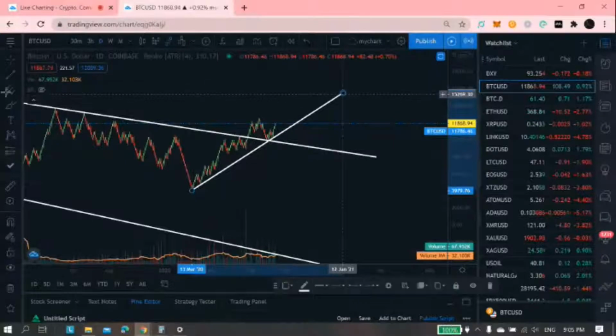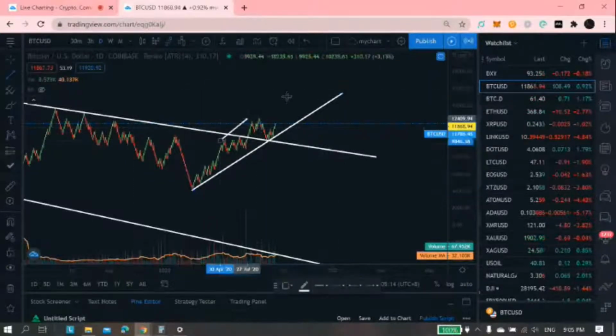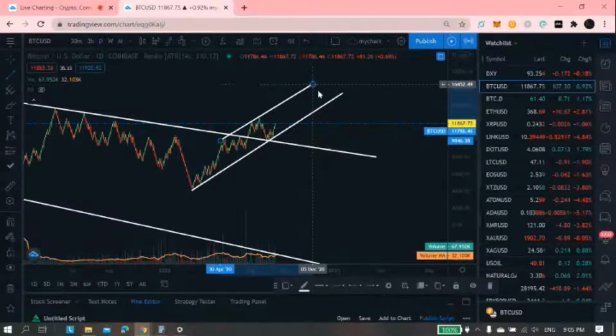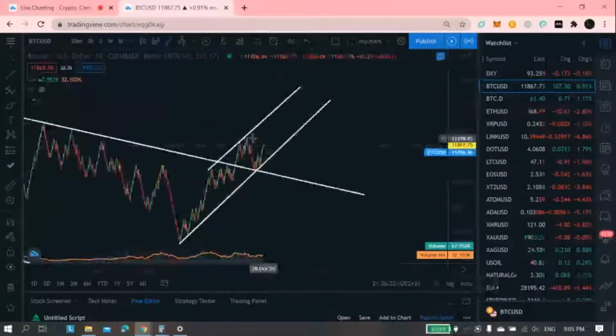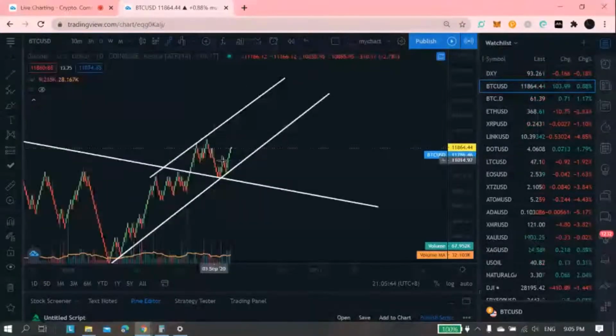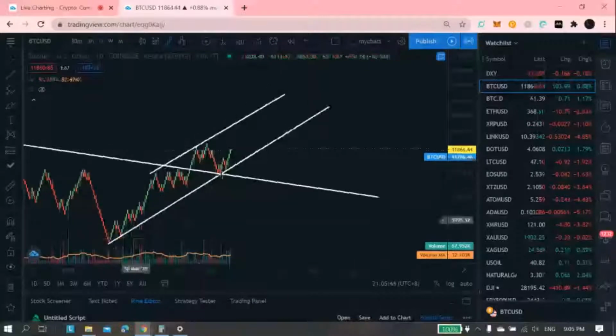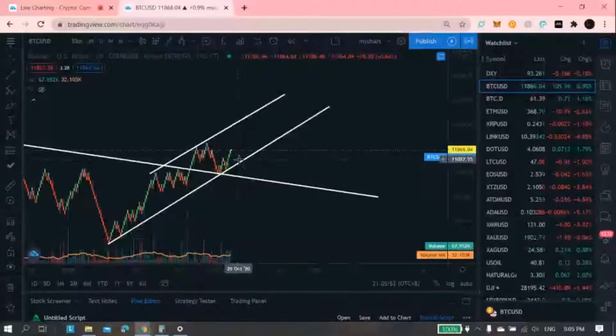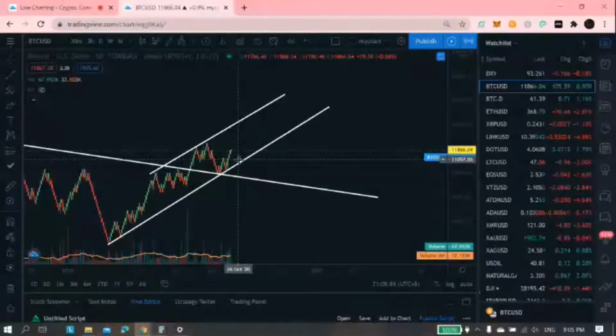Actually, this is the support and this is the resistance I'm looking at. It's actually a channel, possibly retesting this area around 13,000, but before that it needs to break this 12,400 here, and of course this support trend line around this area, probably around 11,000.